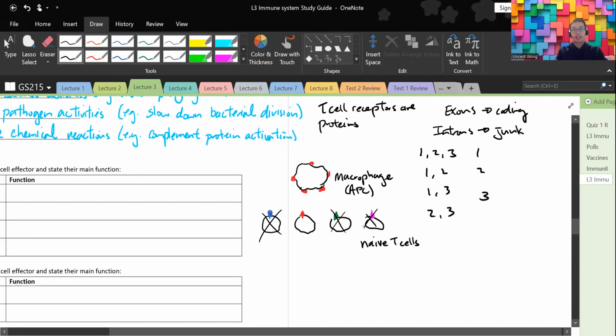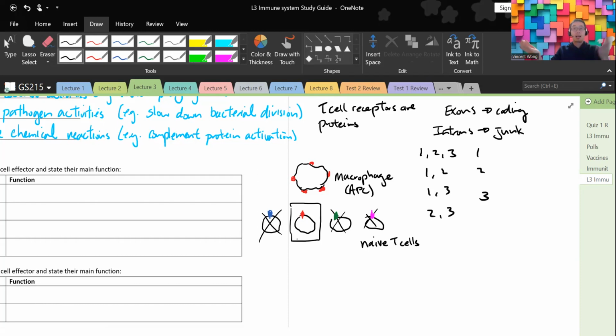If you are lucky, you would already have a naive T cell with the right receptor ready to be selected. Sometimes just by chance we don't have it yet, then you have to wait. Your body constantly makes new naive T cells and shuffles the genes to create new receptors.